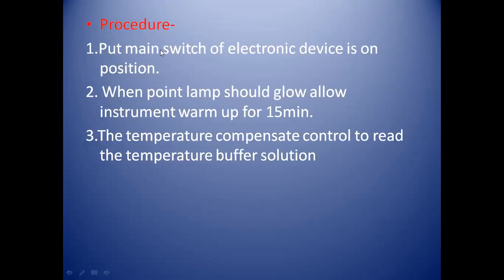Now see the procedure of measuring the pH. First, put the main switch of the electronic device in the on position, that is, turn on the switch of the pH meter. Then the lamp should glow. Allow the instrument to warm up for 15 minutes.